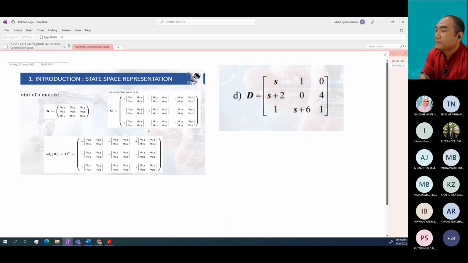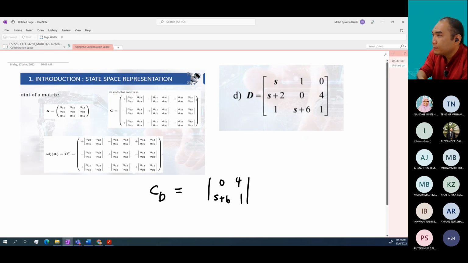Macam mana? Yang ini kan A22 ataupun kita ada CD. Cofactor matrix sama dengan, kita ambil yang ini, determinant of A22. Yang ini kan, A22 ataupun kita akan dapatkan dia sebagai 0, 4, s tambah 6 dan ini adalah 1. Right.